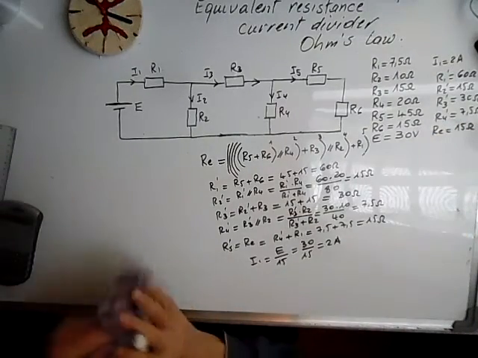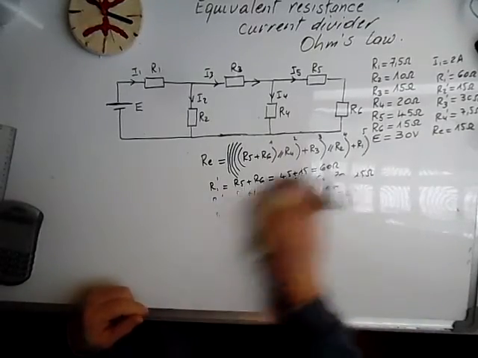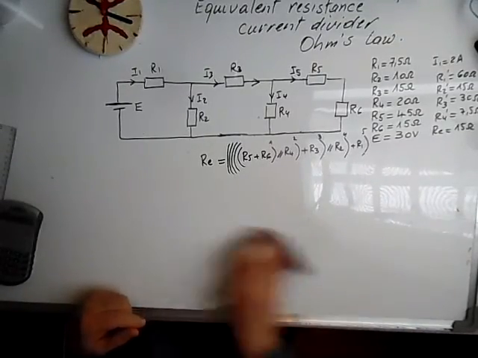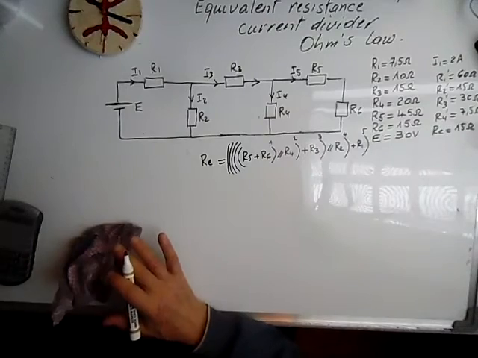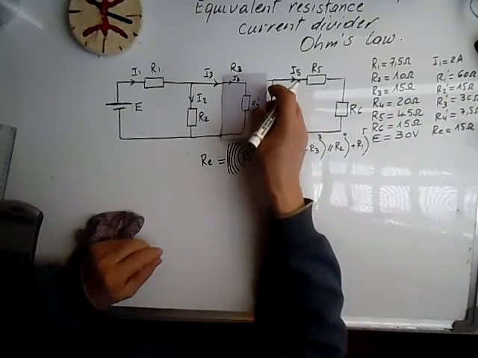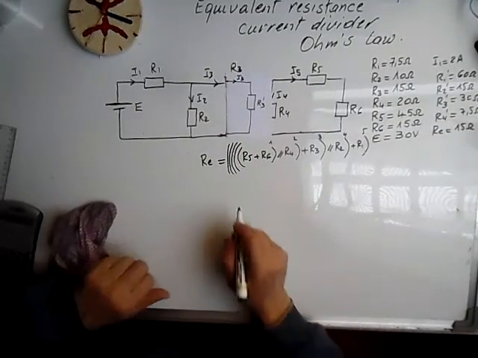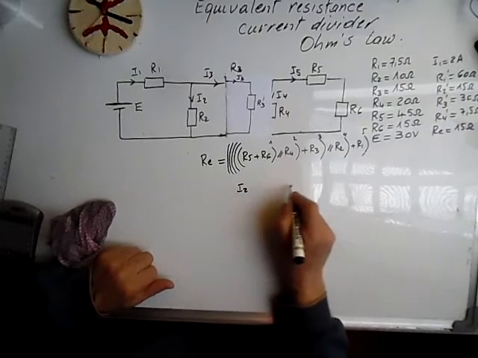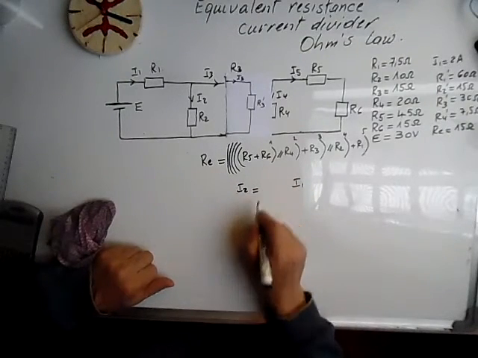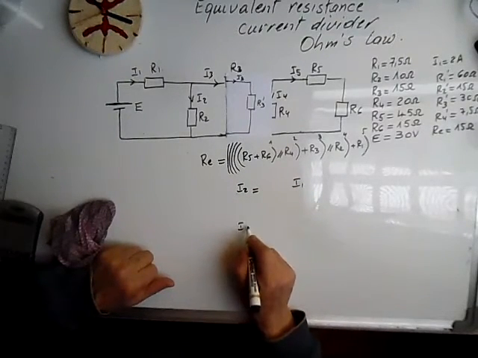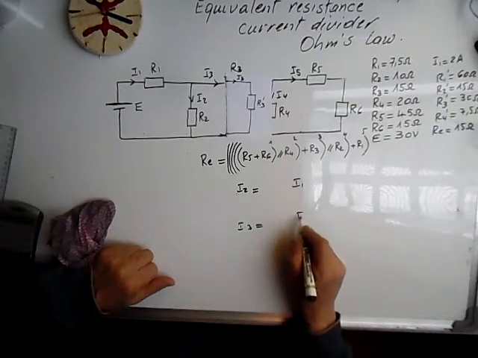Now we can calculate I3 and I2 using the current divider. So we can write I2 in function of I1 and I3 in function of I1.